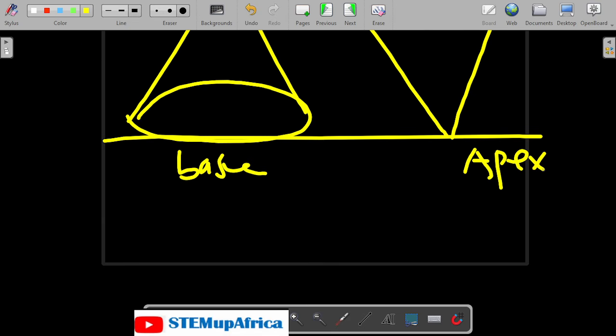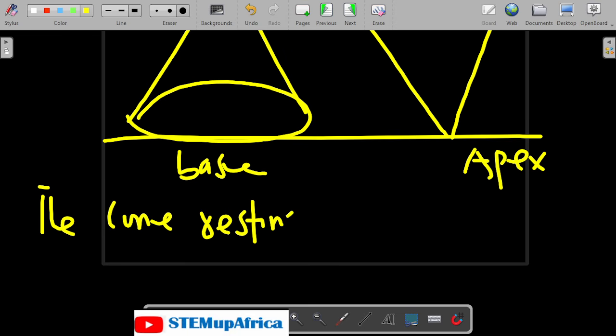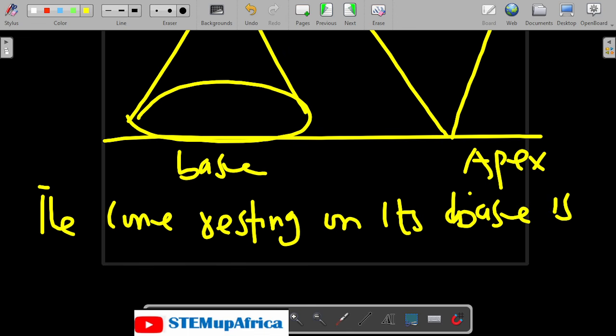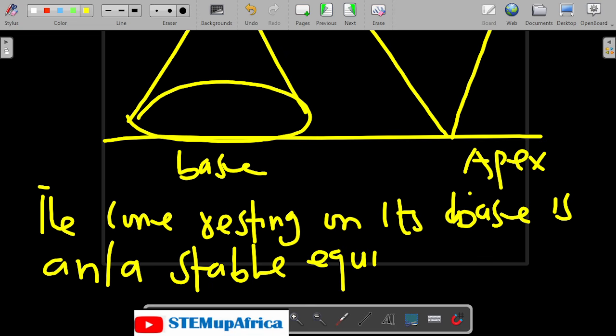The cone resting on its base is in stable equilibrium. That's the one resting on its base.